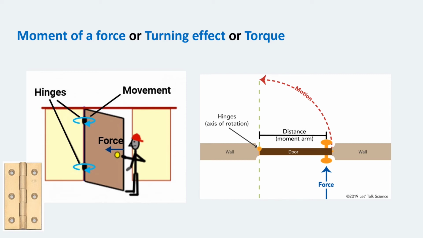This perpendicular distance is also known as the line of action of force. The larger the perpendicular distance from the point of force, less force is needed and the moment of force will be more. So this is known as moment of force, or turning effect, or torque.